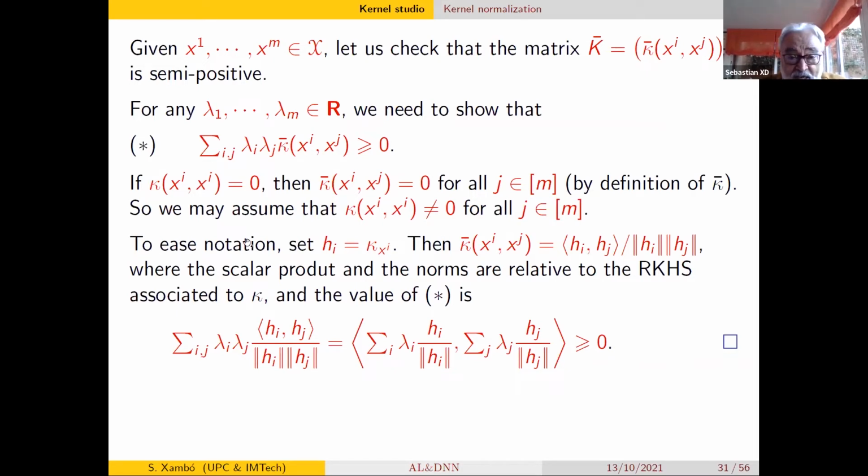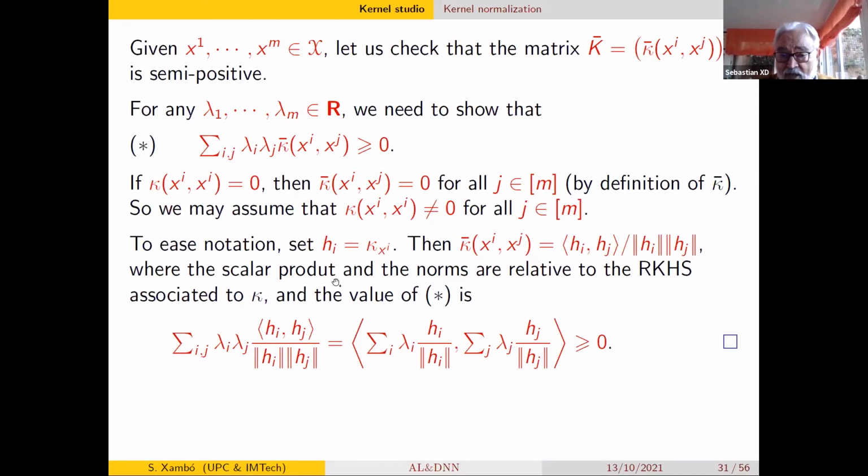So if this is the case, and we set hi equals kappa x upper i to use the notation, then kappa bar xi xj is the inner product of hi, hj divided by the square roots of the kappas, which is the norm of hi times the norm of hj.